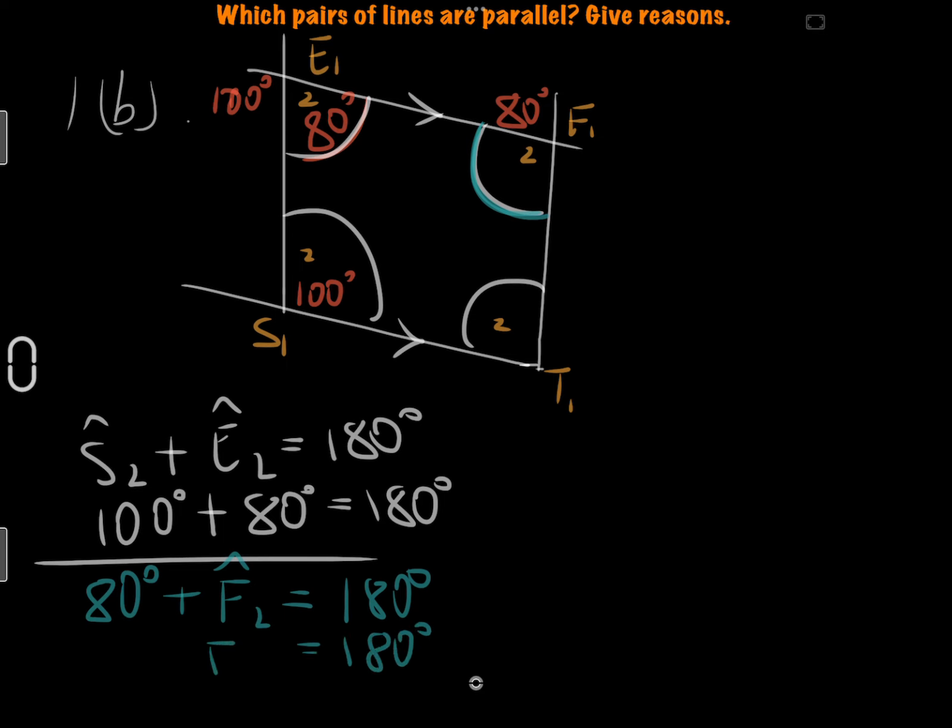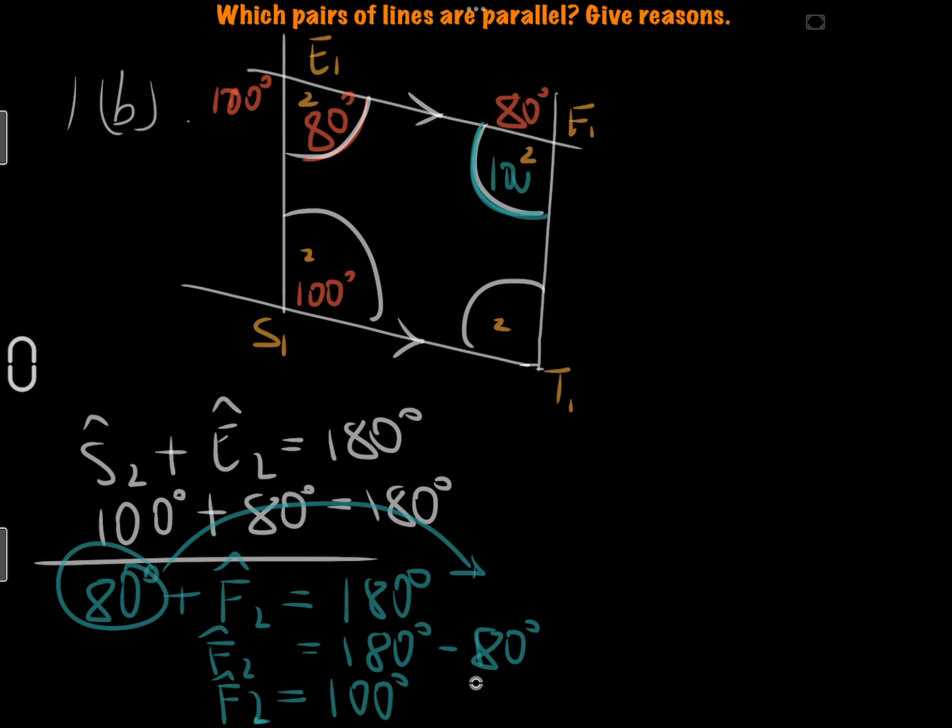F2 becomes our subject of the formula. This 80 moves over to the equal sign and becomes negative 80 degrees. So F2 is equal to 180 minus 80, which gives 100. So F2 is 100 degrees.